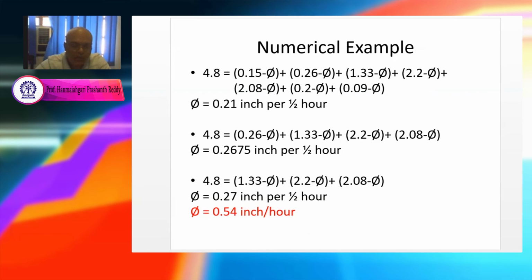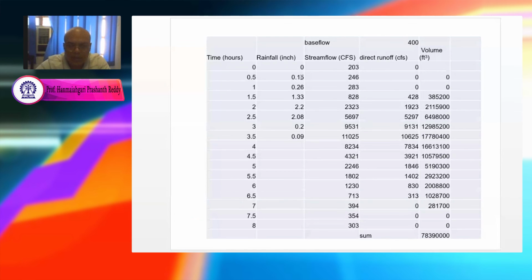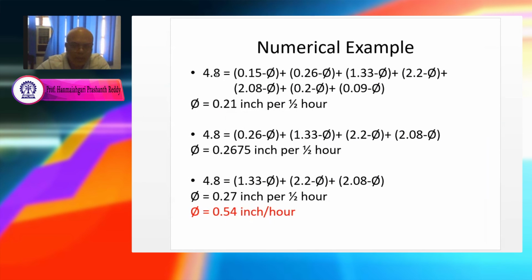Now we have to find the phi index. You see that here these are the rainfalls 0.15, 0.26, 1.33, etc. So the 4.8, that is the effective rainfall, is equal to 0.15 minus phi plus 0.26 minus phi plus 1.33 minus phi, and so on.